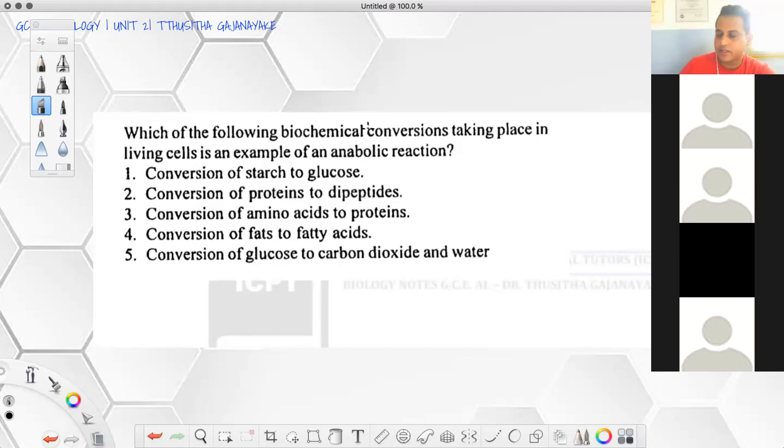Anabolic together with catabolic makes the word metabolic. Metabolism is all the reactions which take place in the cells. These metabolic reactions we can categorize into anabolic, when it is making molecules, and catabolic, when it is breaking the molecules. Can you send an answer for this question?